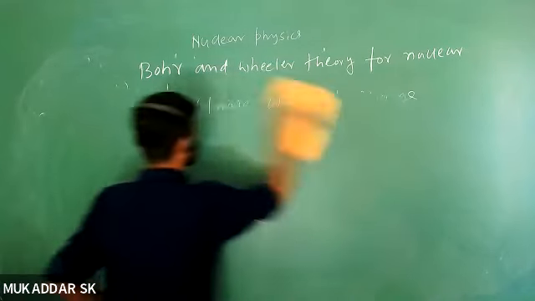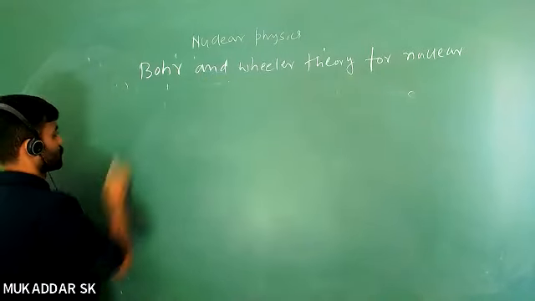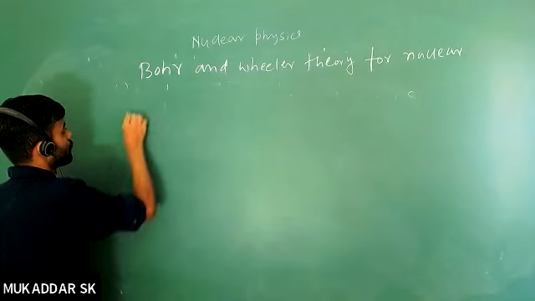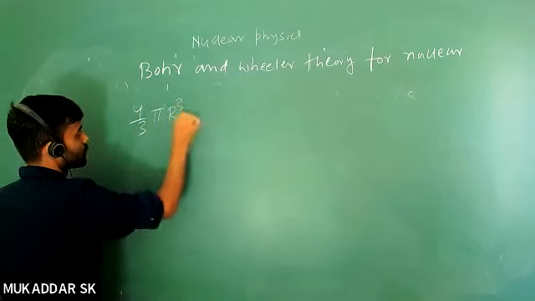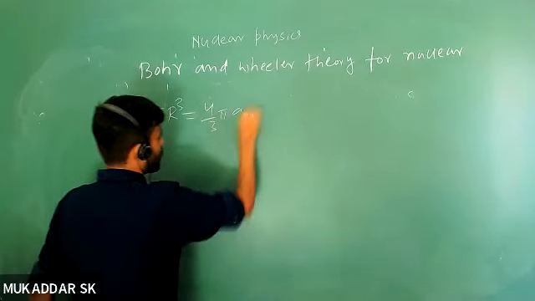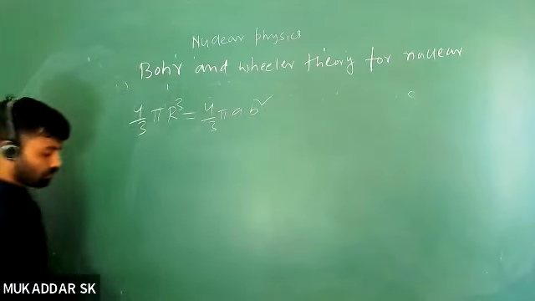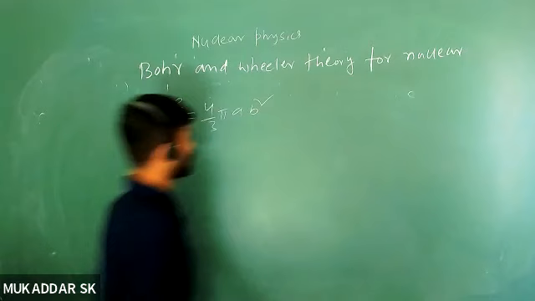So what can we write? 4 by 3 pi R cube equals 4 by 3 pi a b square. And a and b can be written in terms of distortion parameters.